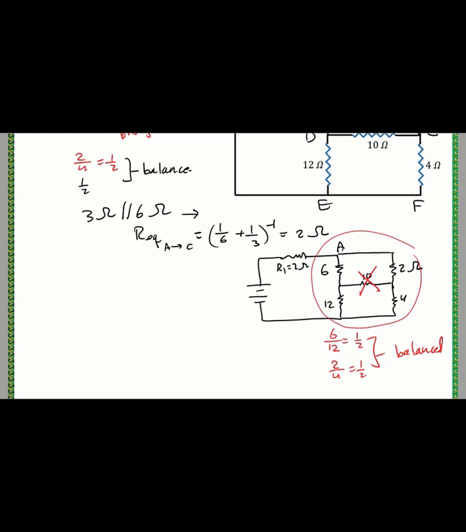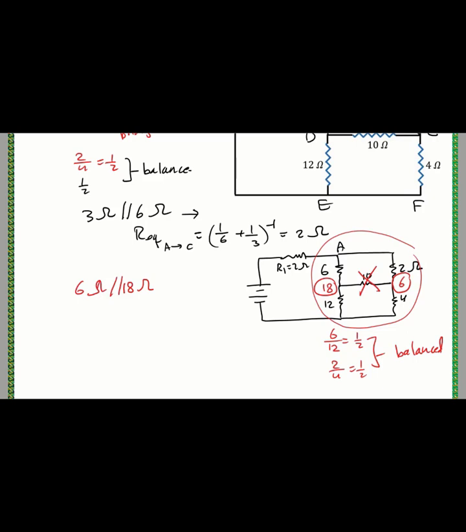Now 6 plus 12, it is 18 here. 2 plus 4, it is 6 here. 6 with 18 are in parallel.